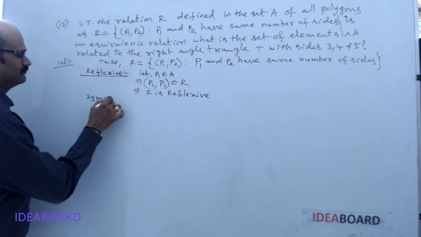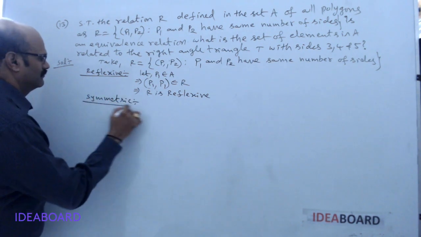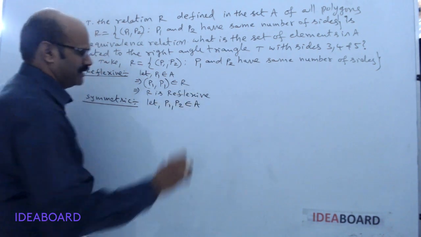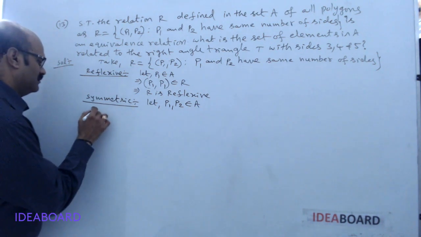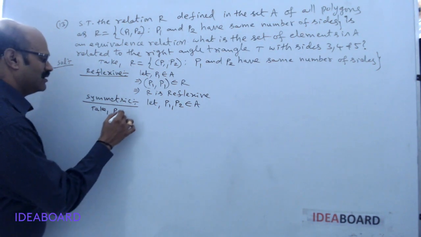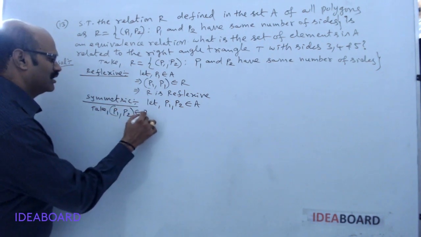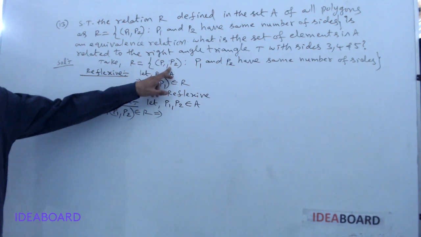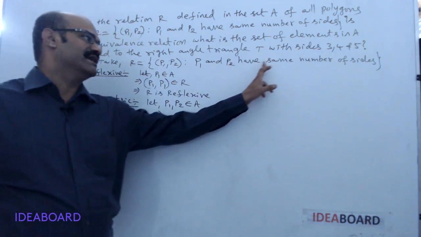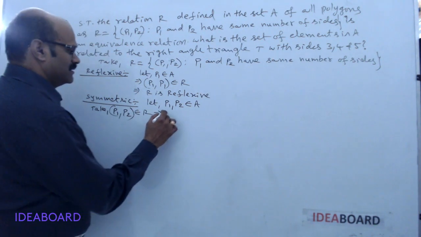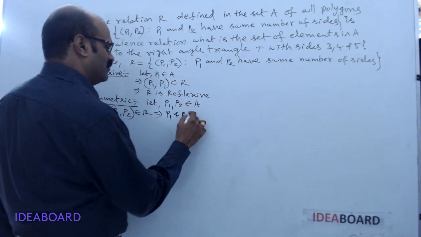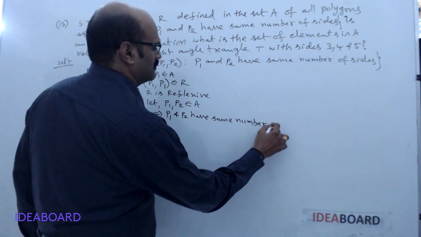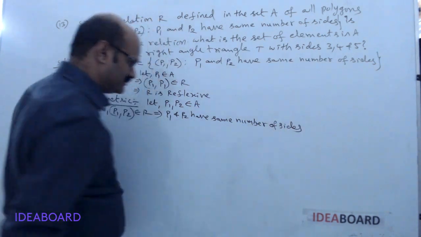Symmetric. Let P1 comma P2 belongs to A. Take P1 comma P2 belongs to R. It implies, according to the given relation R, we have P1 and P2 have same number of sides.